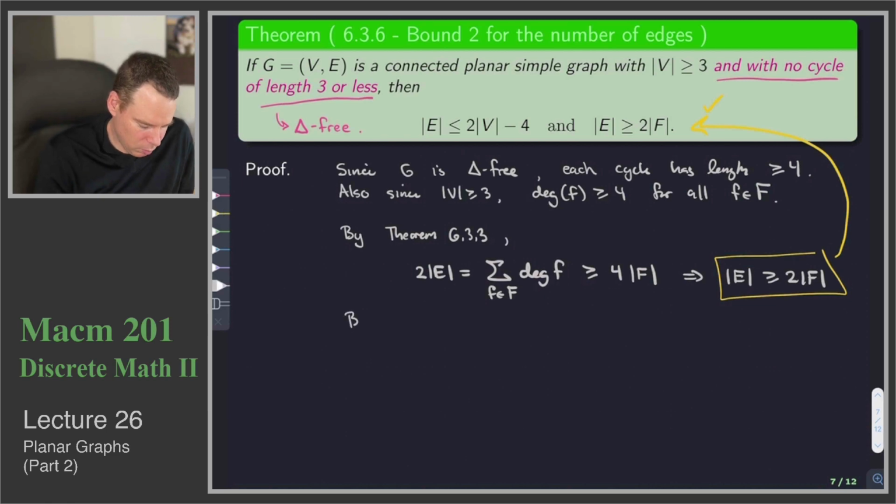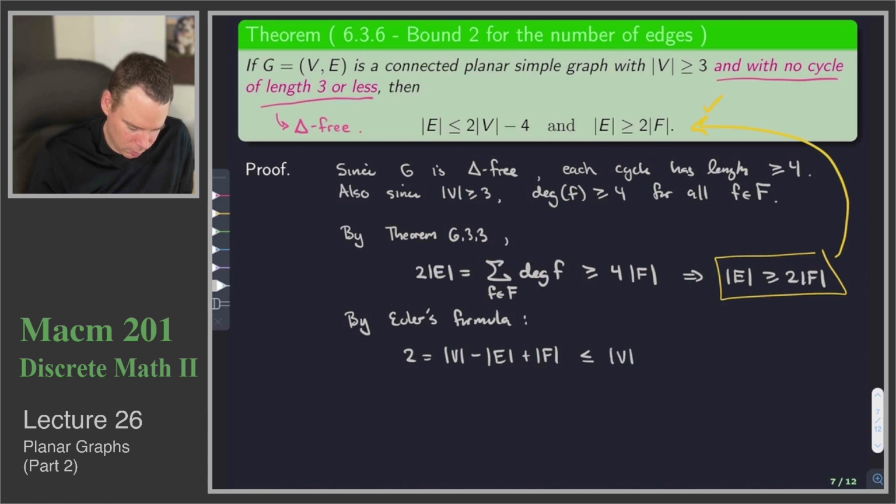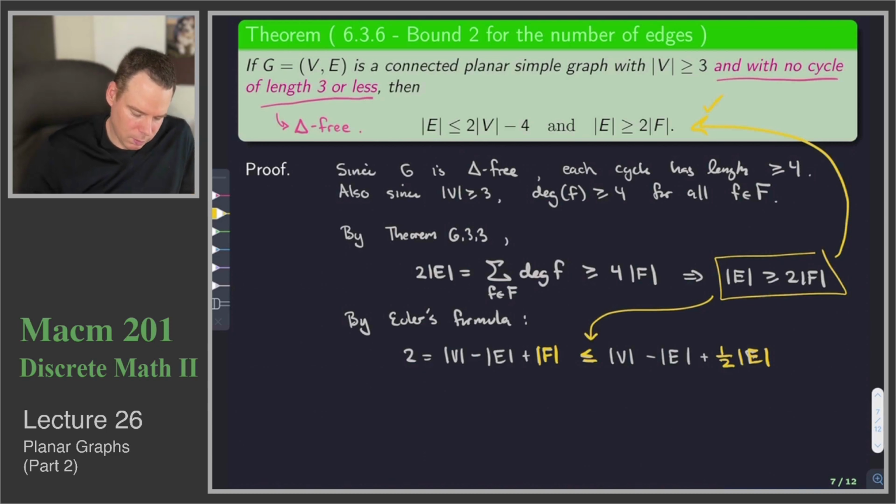What else do we know? Well, we know by Euler's formula we have that 2 is equal to the size of the vertex set minus the size of the edge set plus the size of the face set. And so the faces we know are less than or equal to 1/2 of E. So I'm saying that the size of F there is at most 1/2 E by that result.